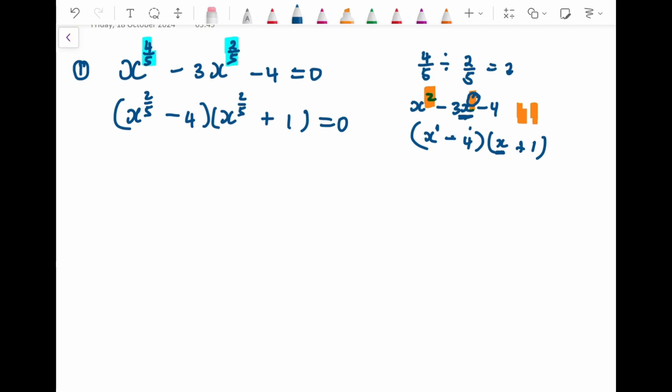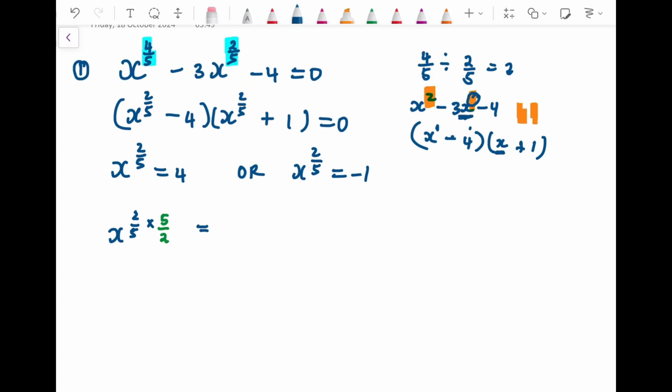And then from here, we have the product equal to 0. So that means x to the exponent 2 over 5 is equal to 4, or x to the exponent 2 over 5 is equal to negative 1. Now, here we need to solve for x, so we need to multiply the exponent by its reciprocal. So we are going to have x to the exponent 2 over 5, and then we multiply by the reciprocal, which is 5 over 2.